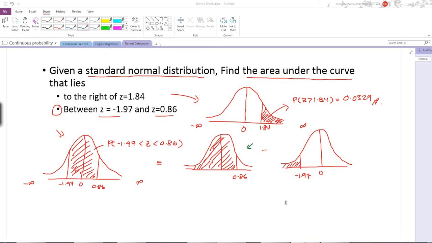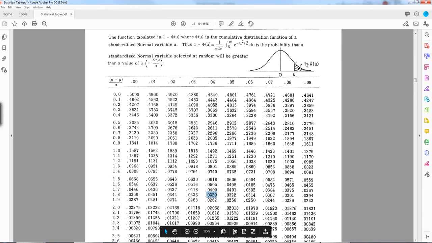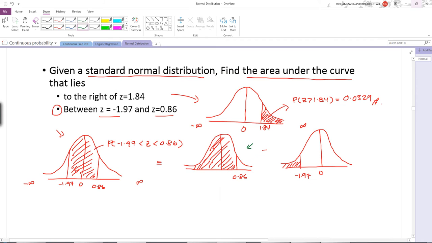So how to find this area? In the statistical table, they give us the right hand side. To find this area, we need to subtract the probability of z more than 0.86 from the total. Remember, the total area is equal to 1, following the rule of probability.